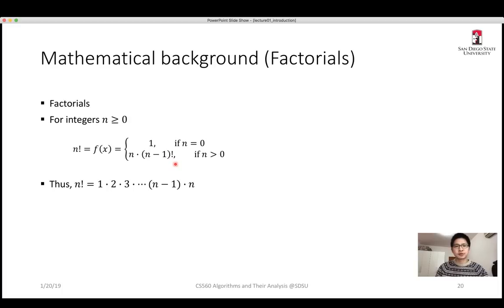This is a recursive definition because there is a factorial symbol involved on the right side, right? This form is called a recurrence equation. We will encounter this form of equation a lot. For simplification, you can just see that the factorial of n is n times n minus 1 times n minus 2, until it reaches the smallest number 1.